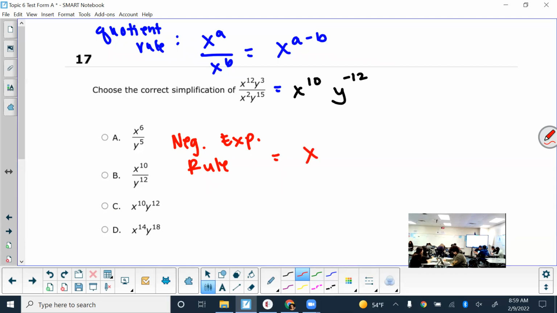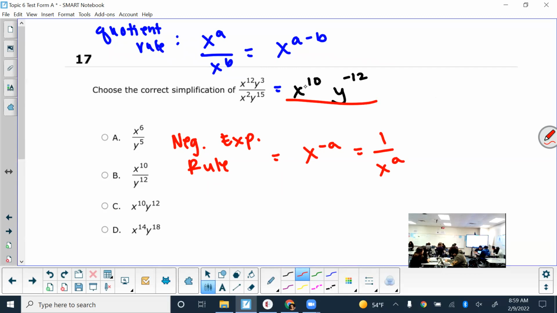So x to the negative a equals 1 over x to the positive a. So if you have a negative exponent in your answer, save it for last. And we're going to put it in a fraction form, even if it's not already. Just put it in a fraction form.